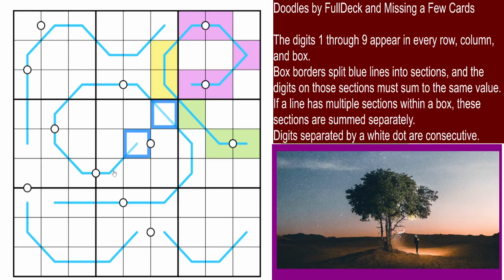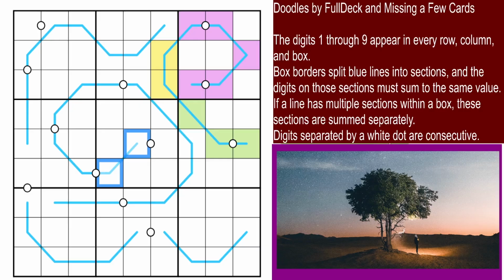These three are not together. We are not going to sum these three together because these are different sections of the line. This is one sum, and this is the same sum. These three together are not the same sum. Basically, that's what this means: if a line has multiple sections within a box, these sections are summed separately.